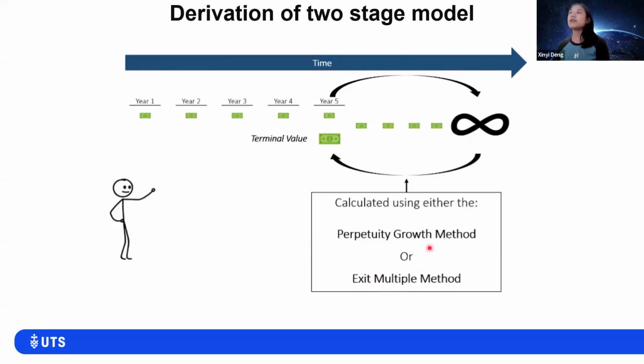Basically, you can use the PE ratio or the EBITDA ratio at the time point when you stop the investment to estimate the terminal value, and then as usual discount back this terminal value and the first stage cash flows, and then add those discounted values together.